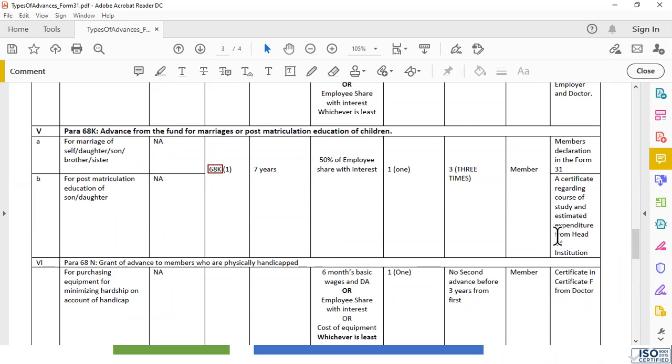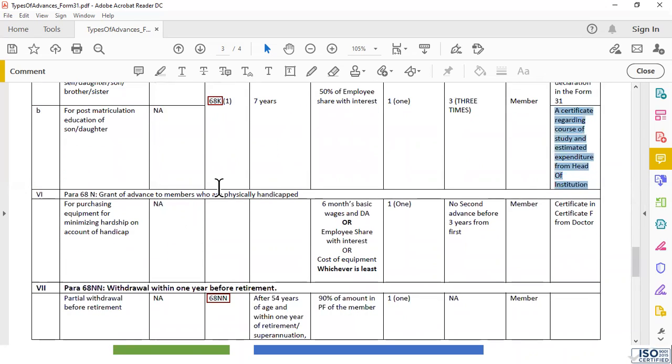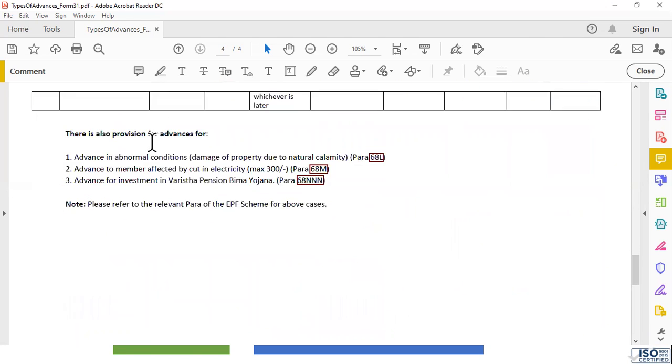Higher education is higher education, whether you're taking it from India or abroad. If you're going for that, you are allowed to take money. You need to submit the necessary documents. So it is not country wise. Okay. So we were discussing on which grounds the person can apply for advance.